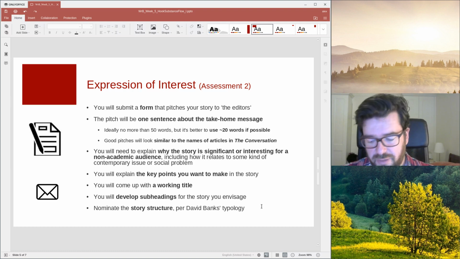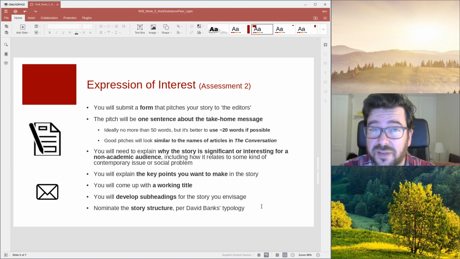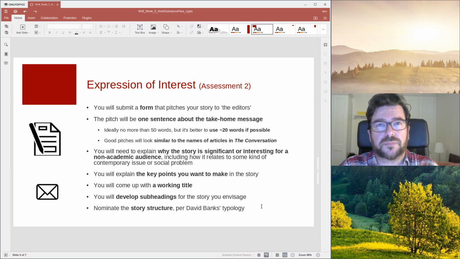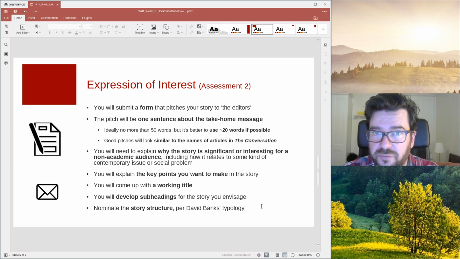And as a tip, keep it short but full of information. If you write a sentence that's 50 words, that's a really long sentence. It may well be the case that that's what you need to do to explain the take-home message of the story that you want to write.